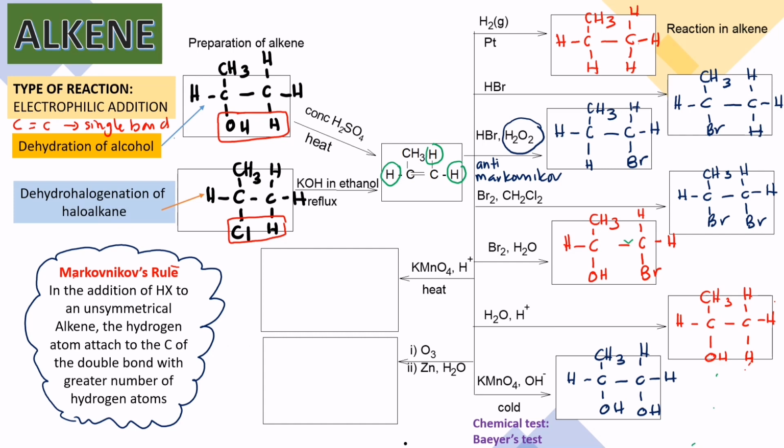Okay, next, reaction of alkene with KMnO4, H plus, heat and ozonolysis. This is an oxidation reaction. In oxidation reaction, the carbon-carbon double bond will cleave and C double bond O is formed. First, with KMnO4, H plus, heat. So, C double bond C will break.